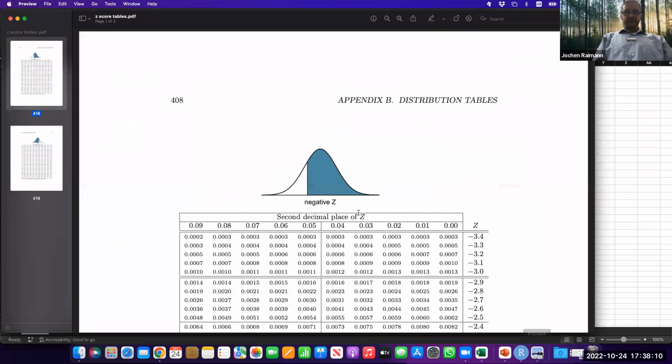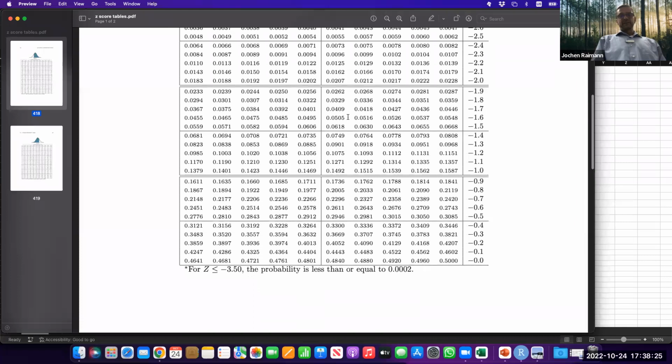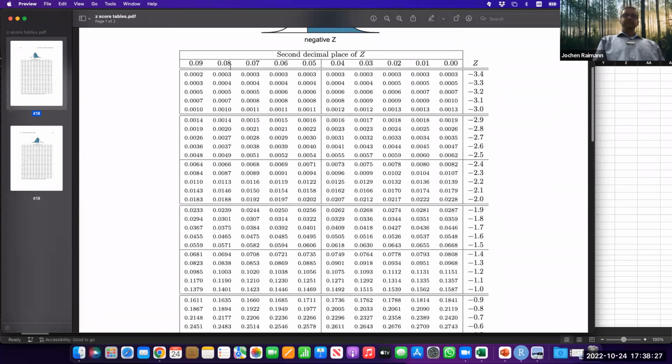And you're not going to like this table, but we're still going to need to know how to use it. That's the so-called z score table. It's a lot of numbers, but they follow a very logical outline. On top, you have the decimals of your z scores. Vertically, you have the z score up until the first decimal.